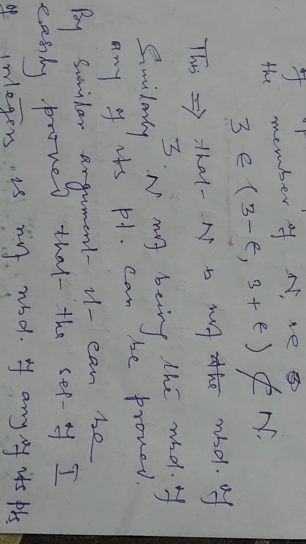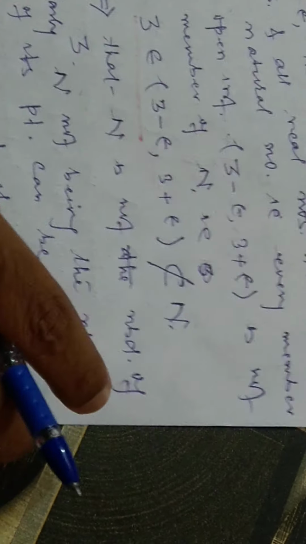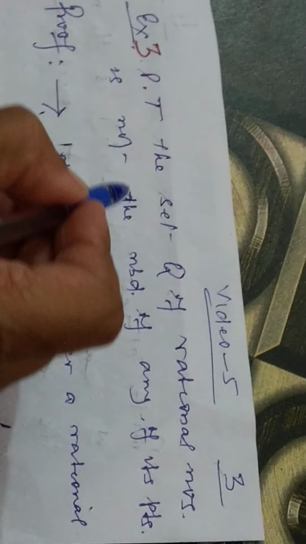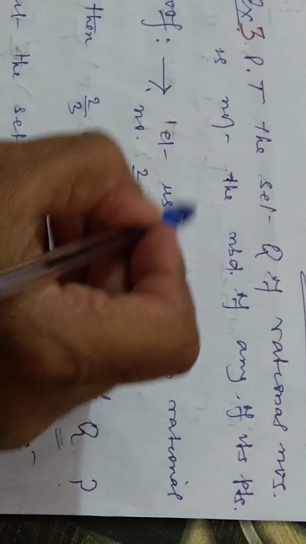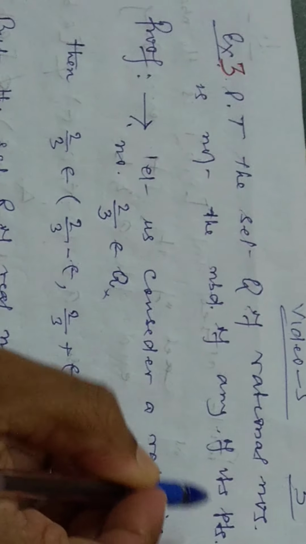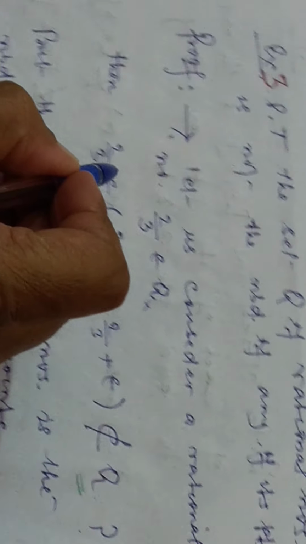In the next example, we prove that the set Q of rational numbers is not the neighborhood of any of its points. Like before, you can take any rational number.